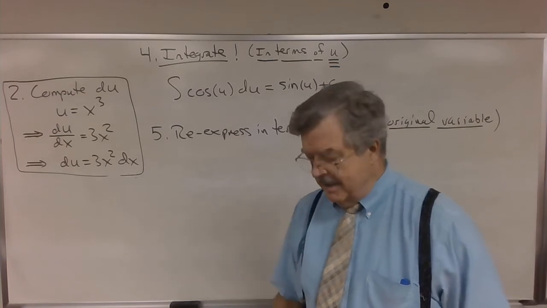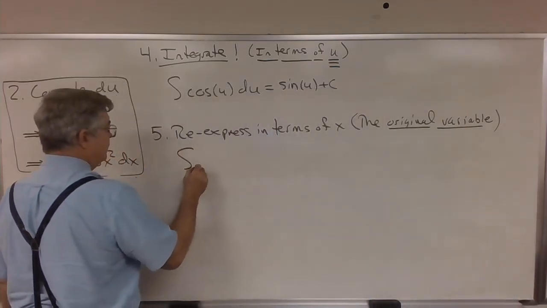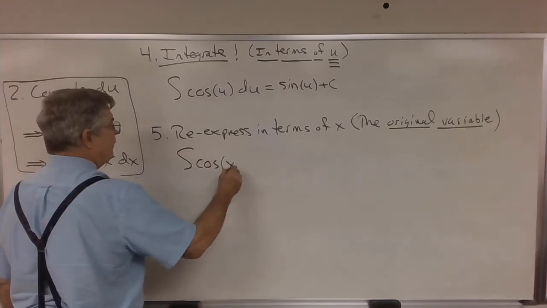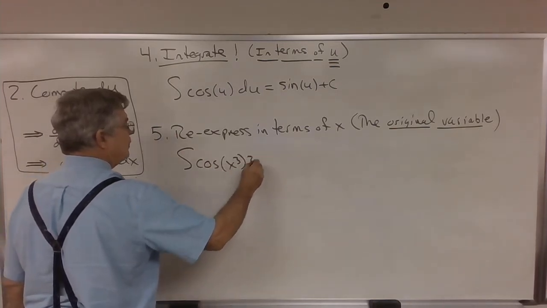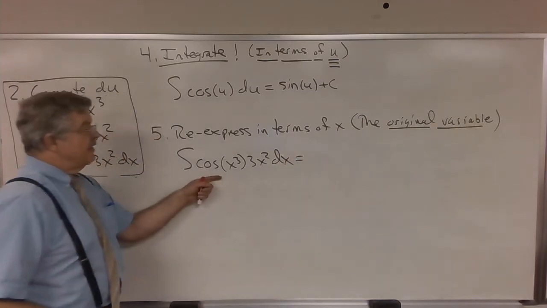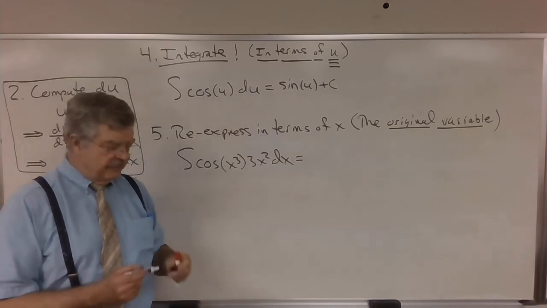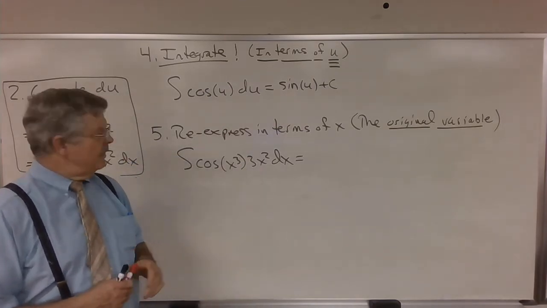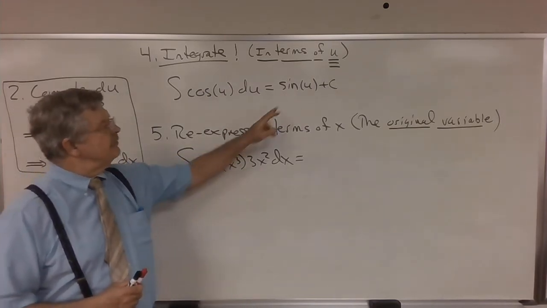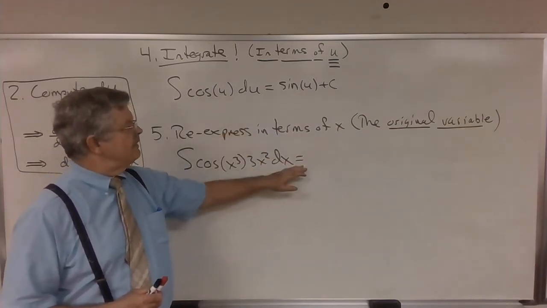And similarly, if we start out in terms of x with an integral, and I think it was cosine of x cubed times 3x squared dx, if we start out in terms of x and we get our answer in terms of u, well, wait a minute. X is dollars and u is euros. I don't know. Is this right?